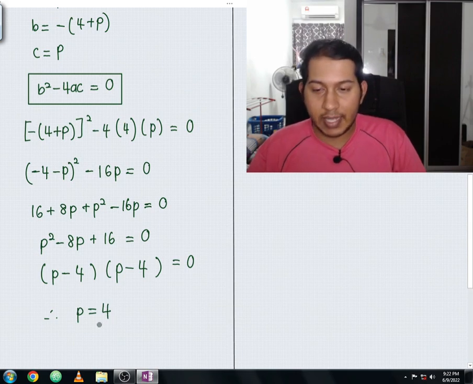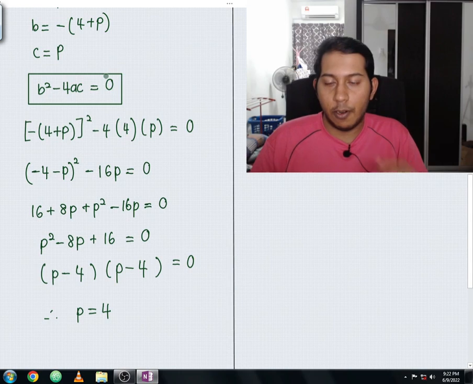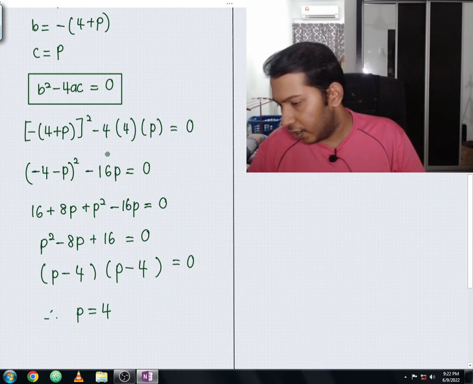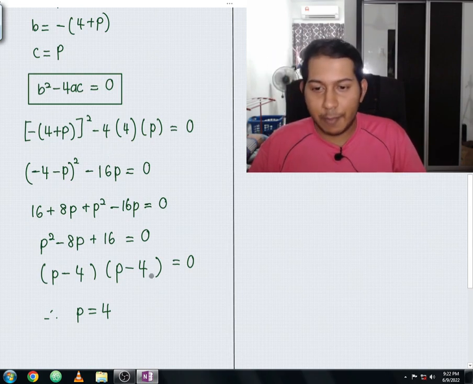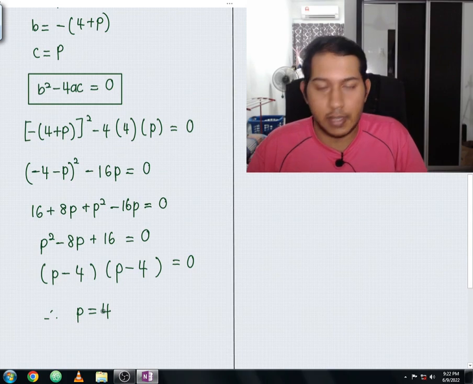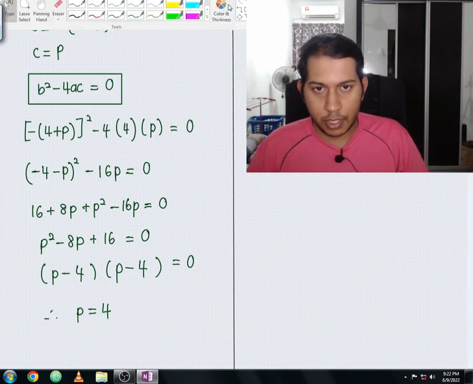Remember that I said when you have b square minus 4ac equals 0, you have either one root or two equal roots. It obeys the same thing here. To find the condition of real and equal roots, you come up with the real and equal root itself. What a coincidence, guys. So you only have one root here, p equals 4. Let me underline this solution.